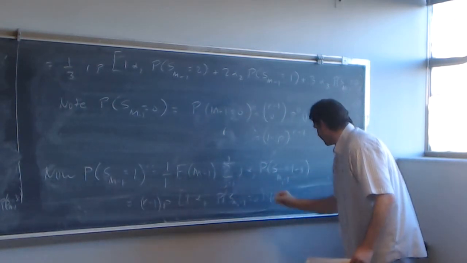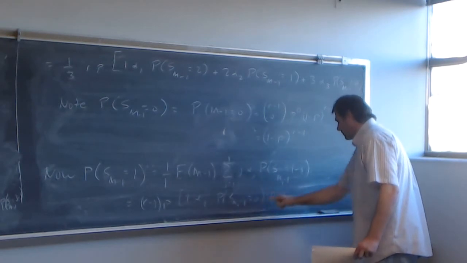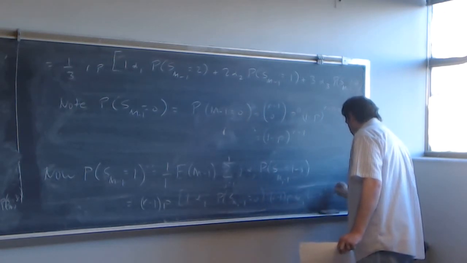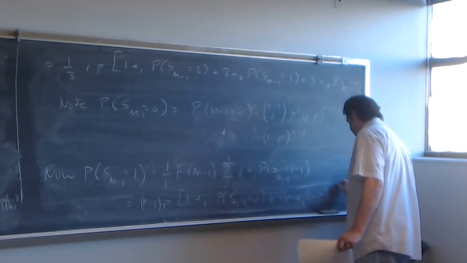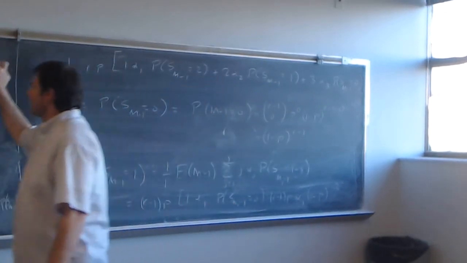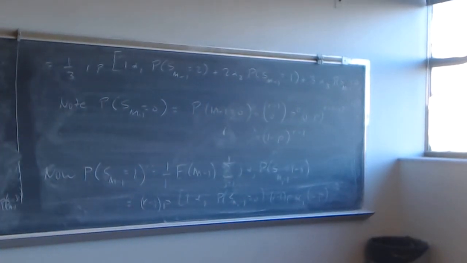So what did I forget? I forgot the alpha sub 1. Alpha sub 1, this guy was 1 minus p to the r minus 2. Okay, so that was the S of m sub 1.